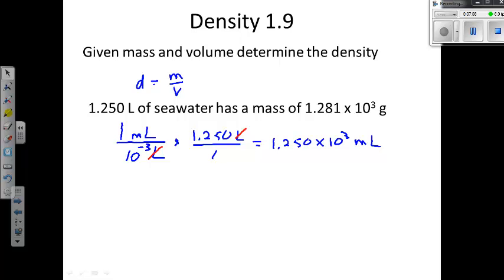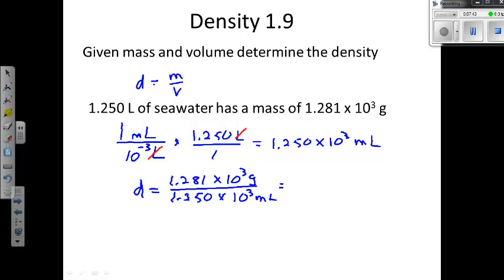And now I have the 2 units in the proper amount. Density is equal to the mass, 1.281 times 10 to the third grams, over 1.250 times 10 to the third milliliters.